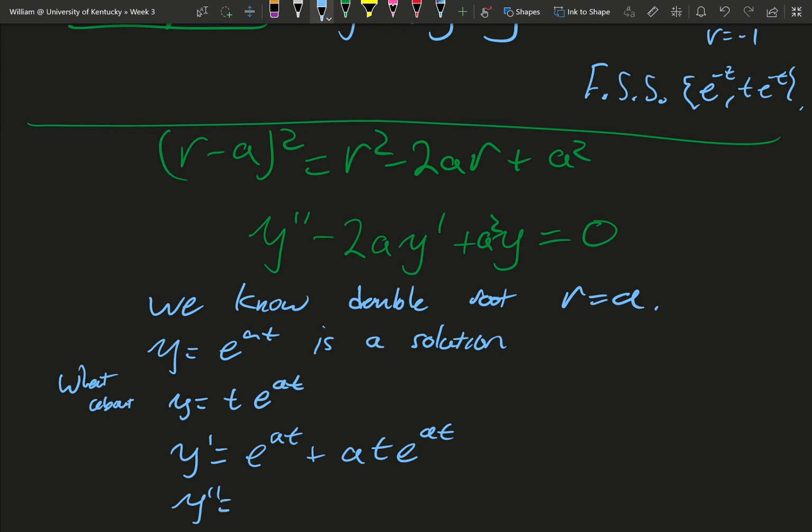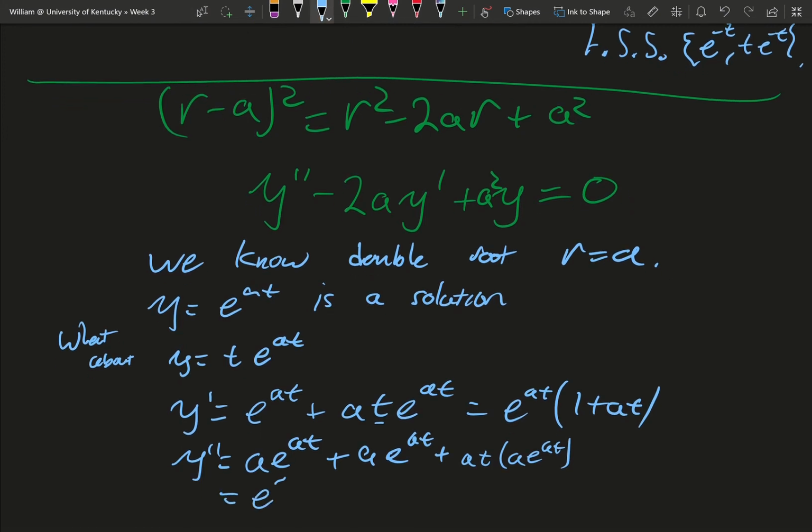Let me pull that out because it's probably going to help us: e to the at times (1 plus at). y double prime is going to be, well, the derivative of this thing is a e to the at, and then taking the derivative of the t, a e to the at plus at times a e to the at.